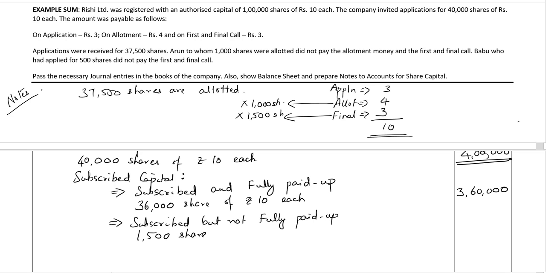So 1,500 shares of rupees 10 each, 15,000 rupees. There is calls in arrears, so less the calls in arrears.